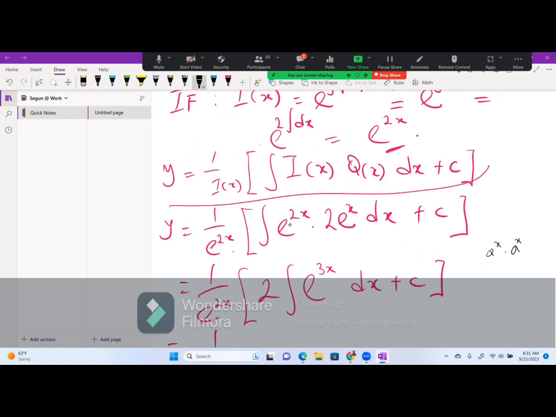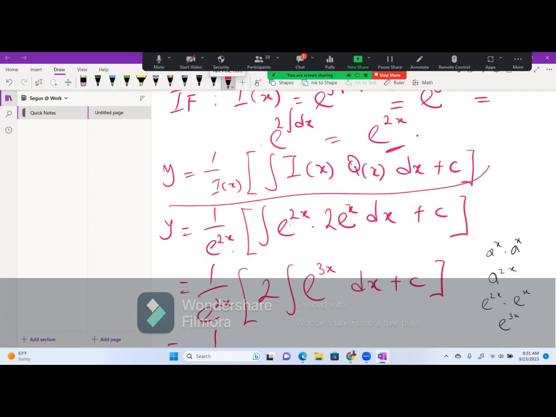A raised to power 2x. So it's the same thing I did here. I have exponential 2x multiplied by exponential x. I have exponential 3x. Are we together now? Can we proceed? Yes, sir. Thank you very much, sir.